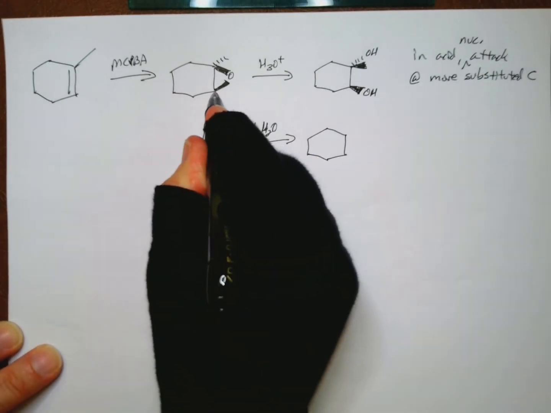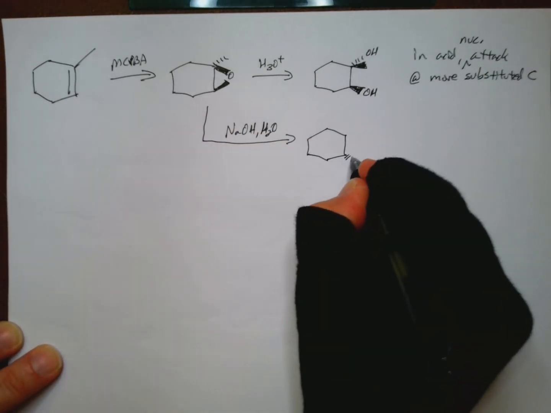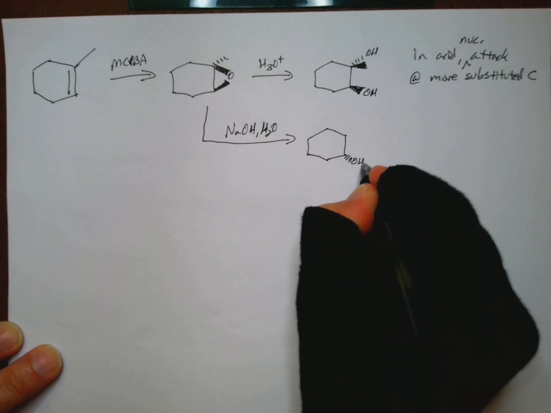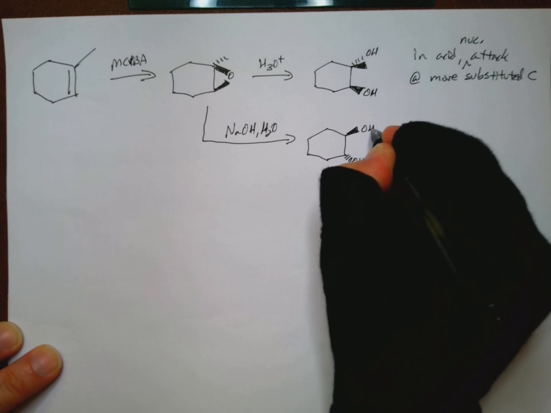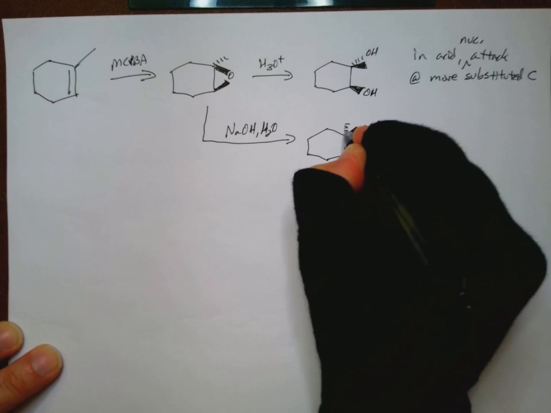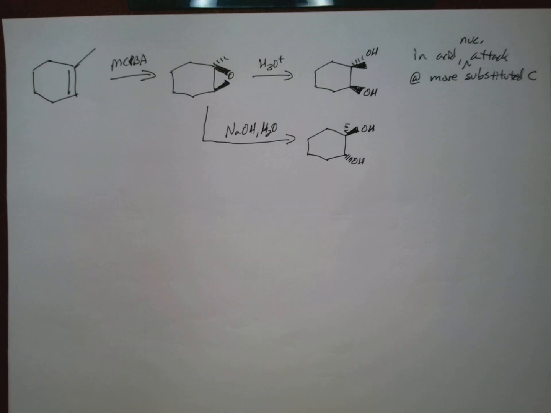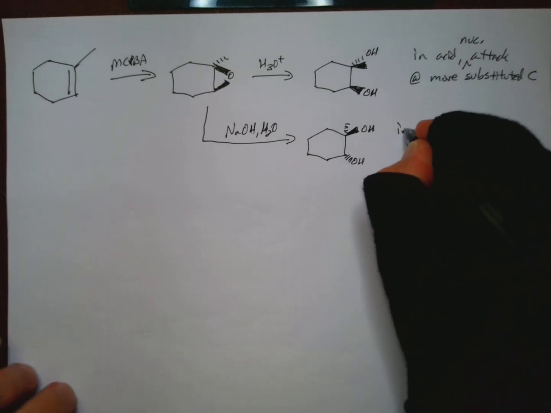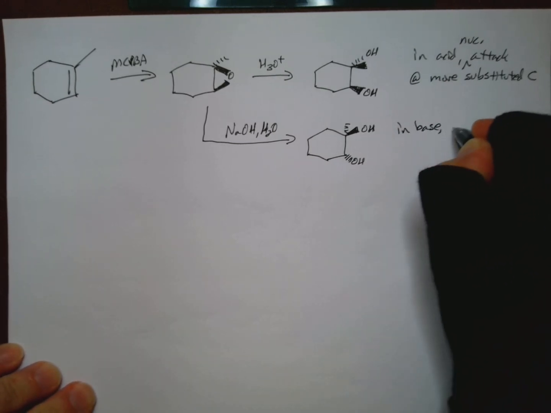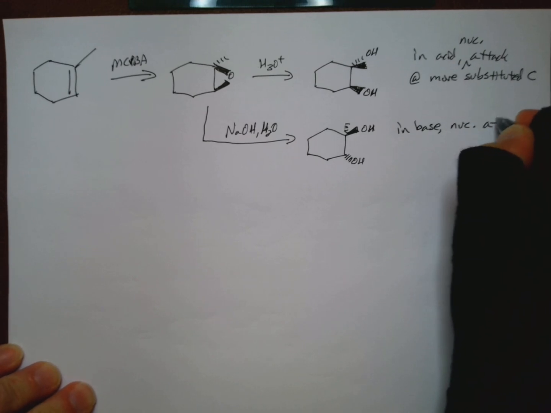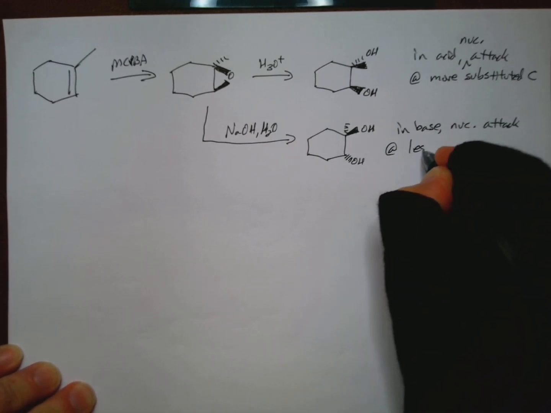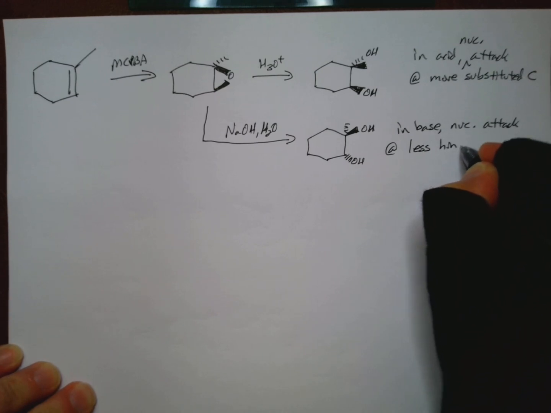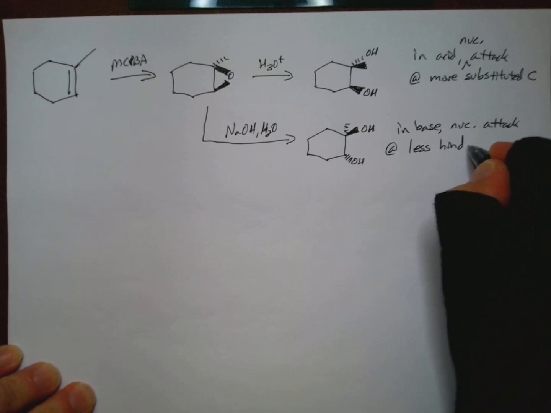And now we'll actually get attack here at the less substituted carbon, which will give us now popping open like that. And we'll still have the methyl group still be in the down position there. So in base, the nucleophilic attack is at the less substituted, the less hindered carbon.